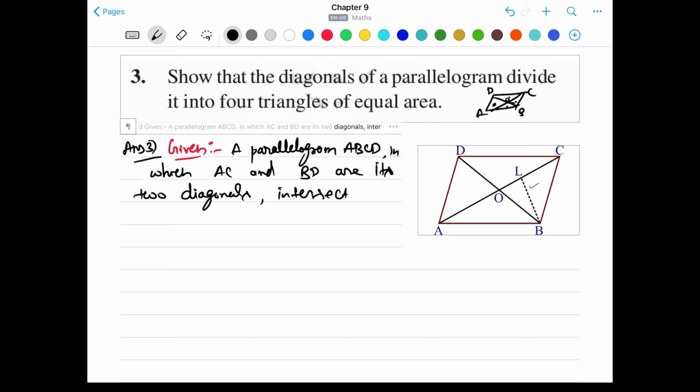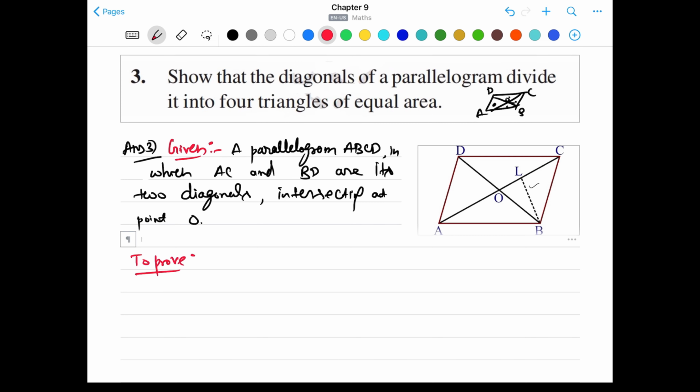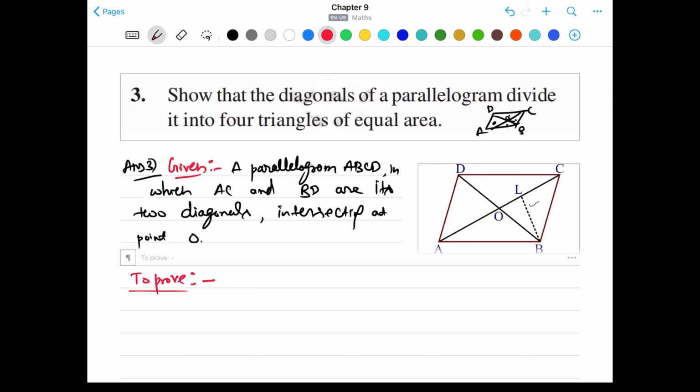intersecting at point O. Okay, so what we have to prove here is that the areas of all four triangles are equal. That is, we have to prove that the area of triangle AOB is equal to the area of triangle BOC, which is equal to the area of triangle COD, which is equal to the area of triangle DOA.